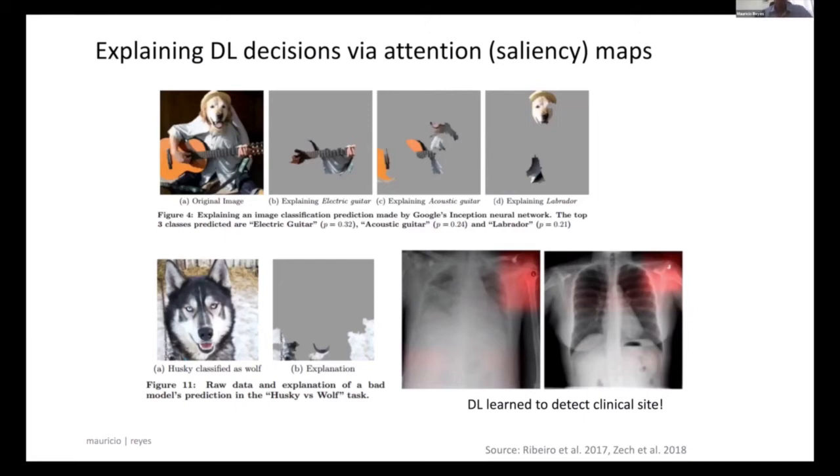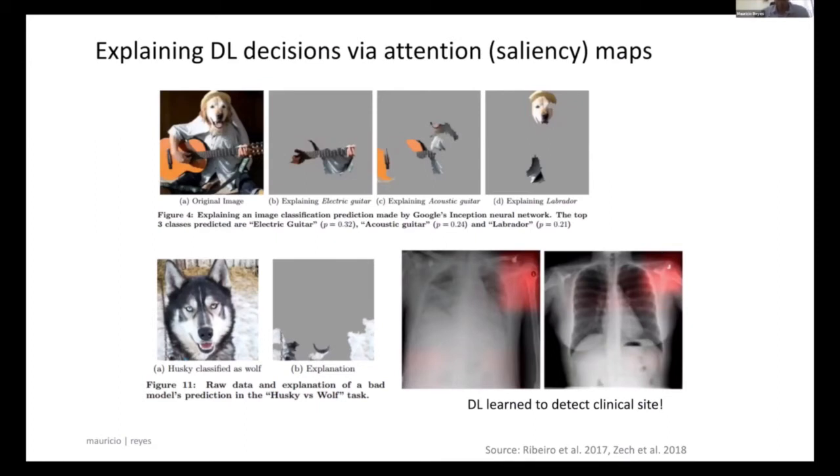Now, very similar to that is what happened here on the bottom right. These are a subset of patients that were treated in an emergency room with a handheld device. This handheld device was every time introducing this little L marker you can see here. And the system was trained to classify different diseases, pneumonia, and so on.